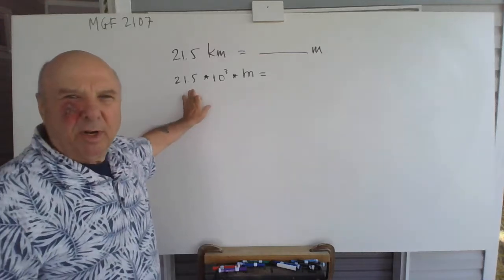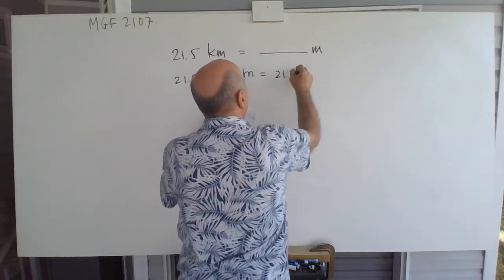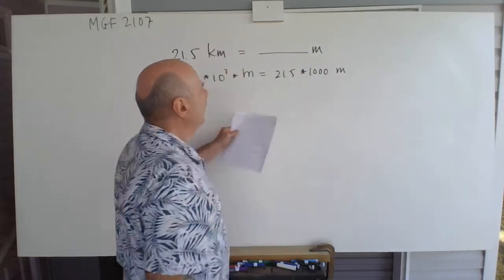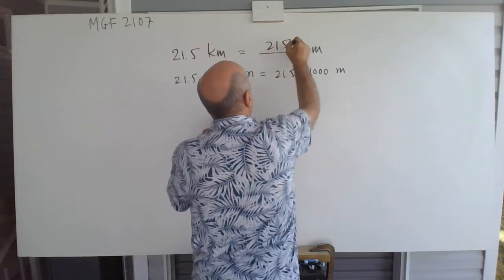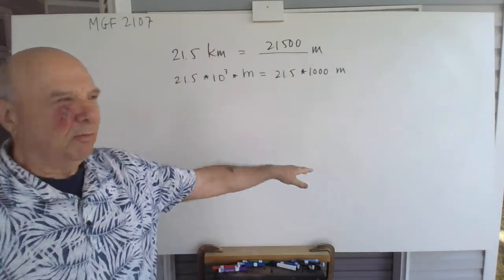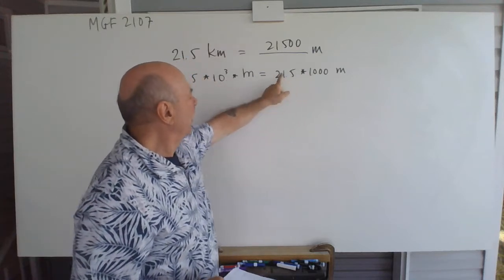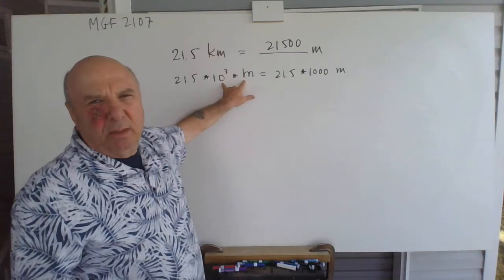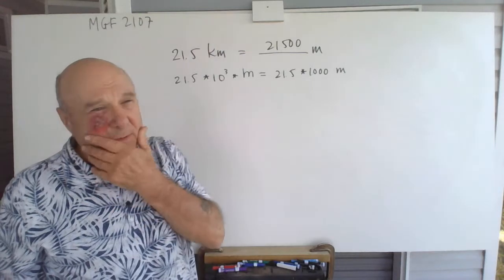And you have it, 21.5 times 1,000 is 21,500. So it's a straightforward substitution for what K is. K is 1,000. And I multiply it times the number in front, and kilometers is 1,000 meters, so I'm just making a direct substitution. Now, we could use the unit fraction method if you want to use it that way.